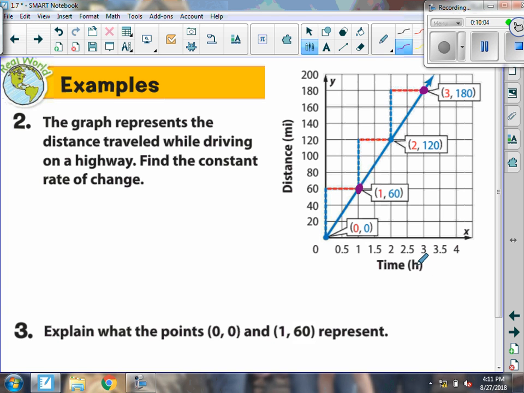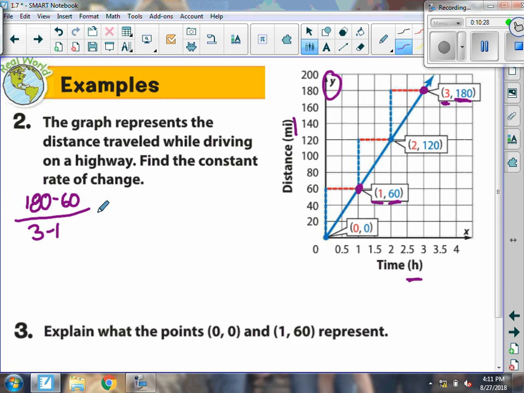So we need to find our change in miles over our change in hours. So miles is your y. I'm going to find my change in y. So that's 180 minus 60 over your change in hours, which is your x. So 3 minus 1.